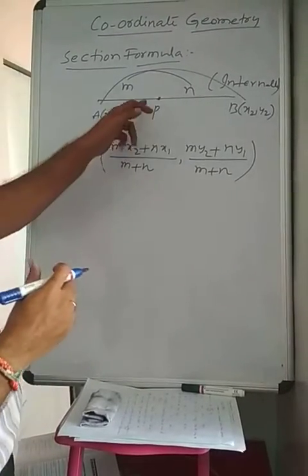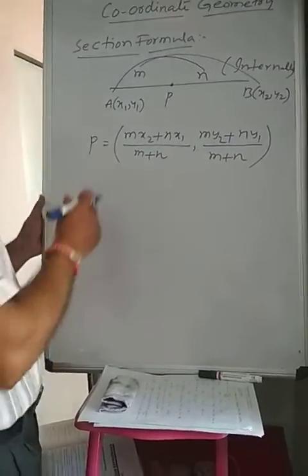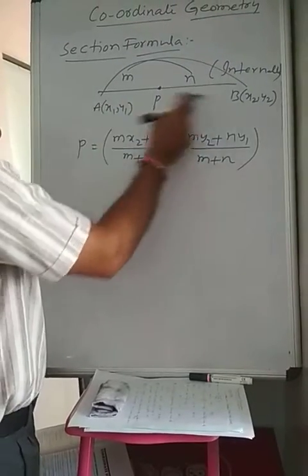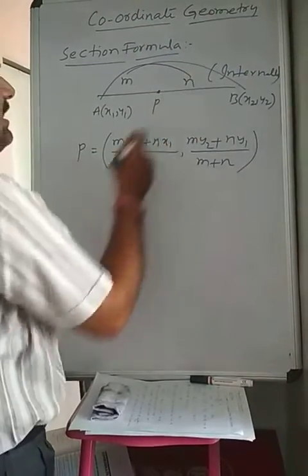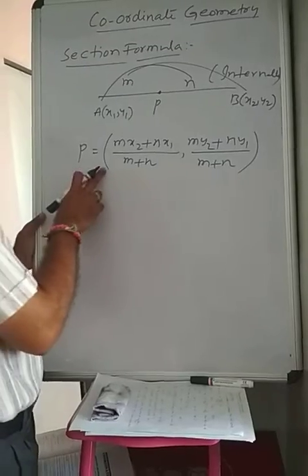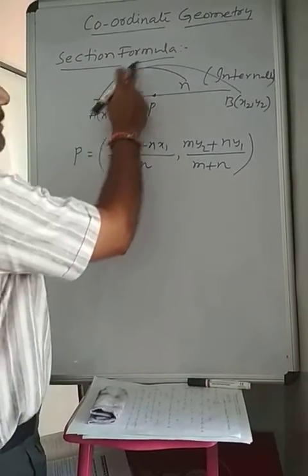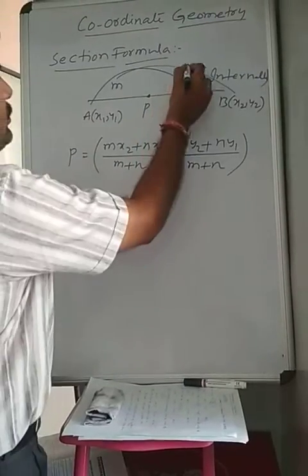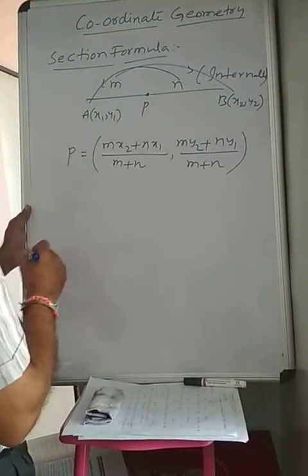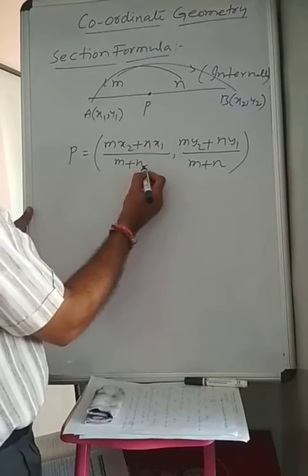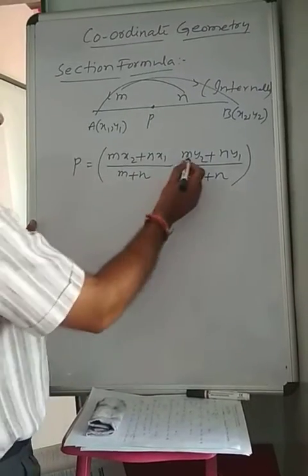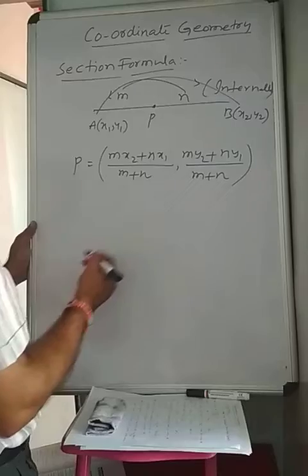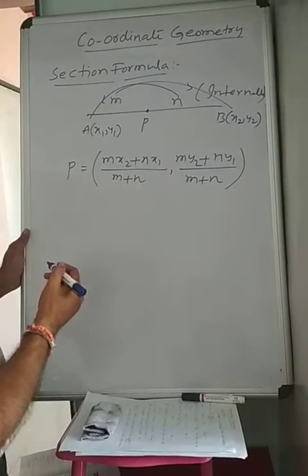Here the point P divides line segment AB in the ratio m is to n internally, then the coordinates of P are (mx2 plus nx1) divided by (m plus n), comma, (my2 plus ny1) divided by (m plus n).